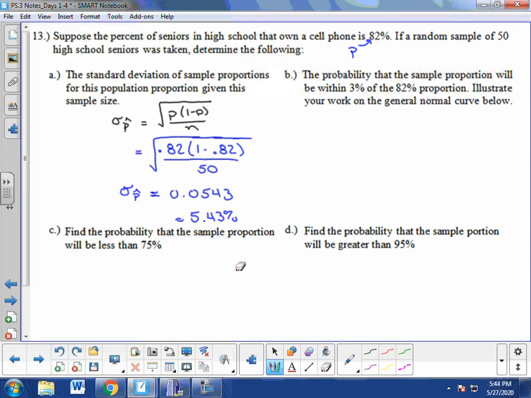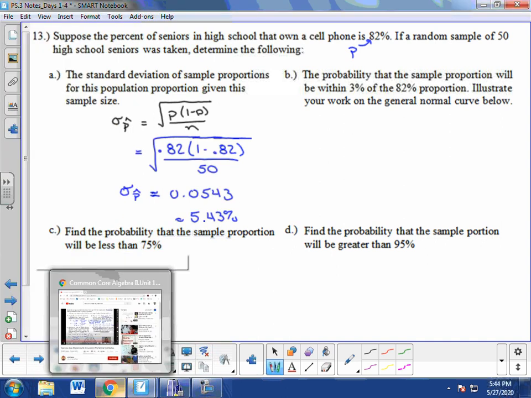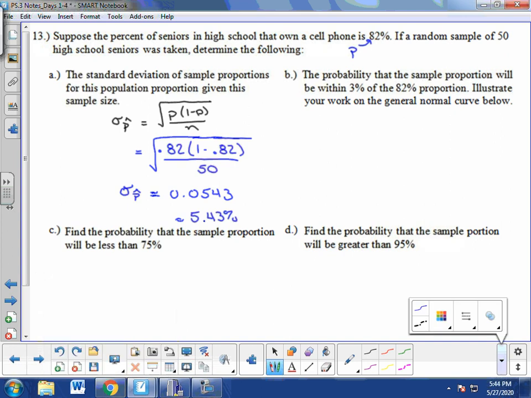So it says in B that we want to determine the probability that the sample proportion will be within 3% of the 82% proportion, and we want to illustrate our work here. What we're looking at is that the mean of our samples needs to be 82%.